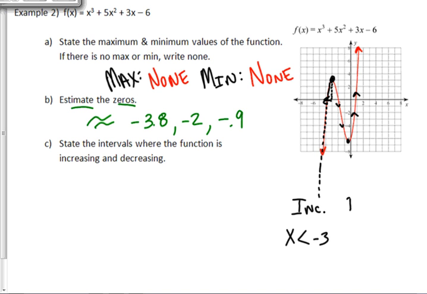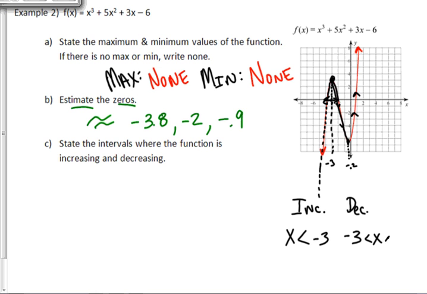Then you have a decrease. Now the decrease here is going to show a range. It's going to be from -3 to this point, which is slightly below 0. I'm going to say is -0.2. So from -3, x values are greater than -3, because they're to the right of -3.